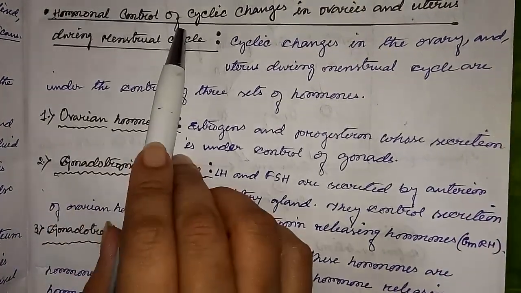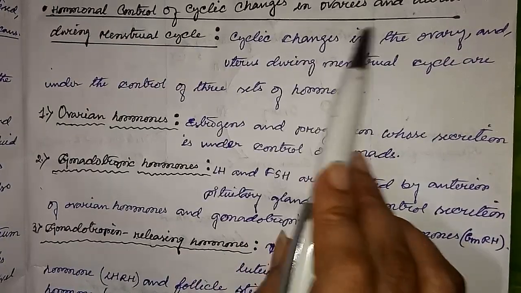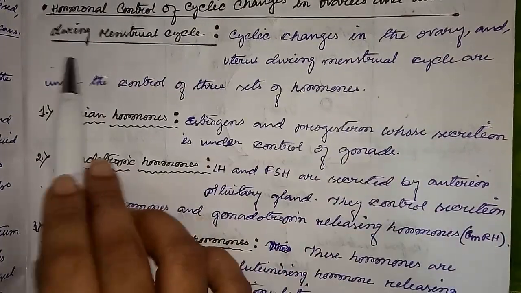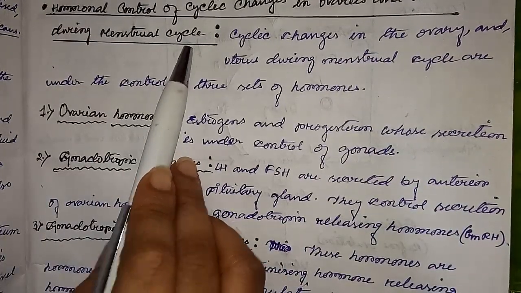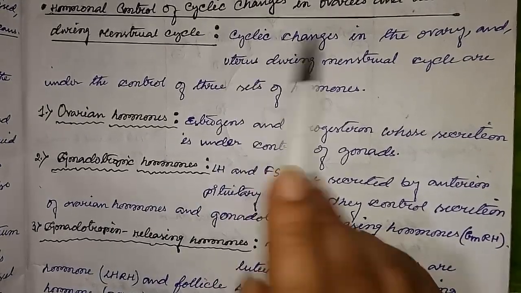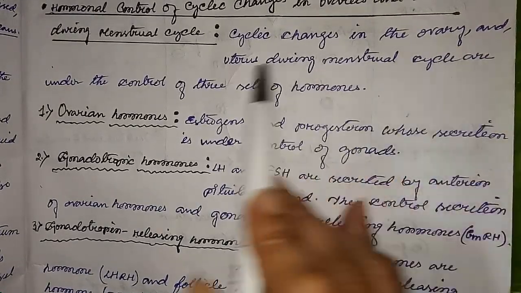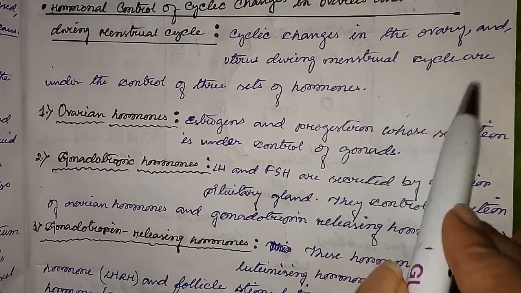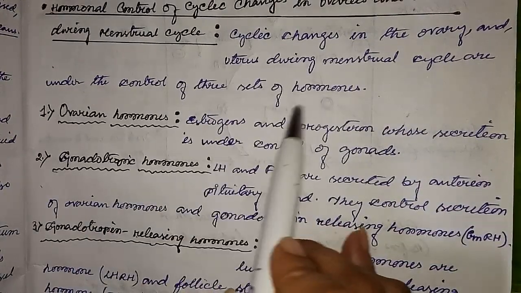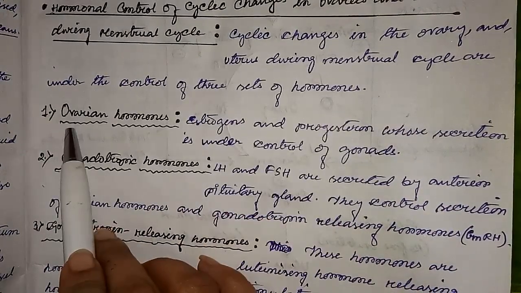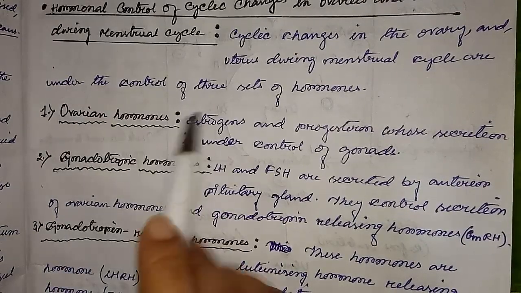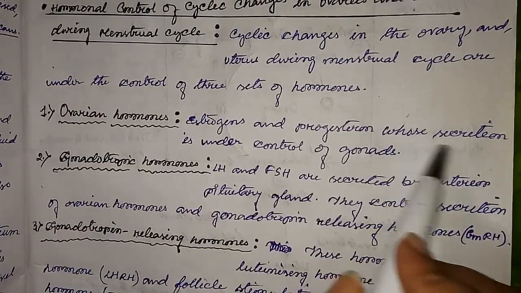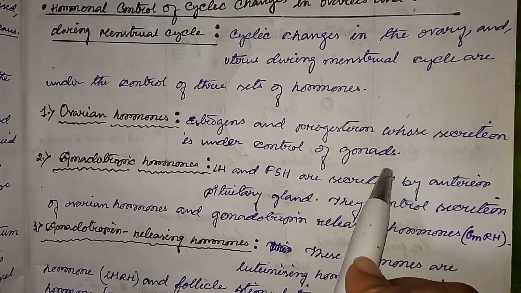Next is hormonal control of cyclic changes in ovaries and uterus during the menstrual cycle. Cyclic changes in the ovary and uterus during the menstrual cycle are under the control of three sets of hormones. First, ovarian hormones, estrogen and progesterone, whose secretion is under control of gonads.